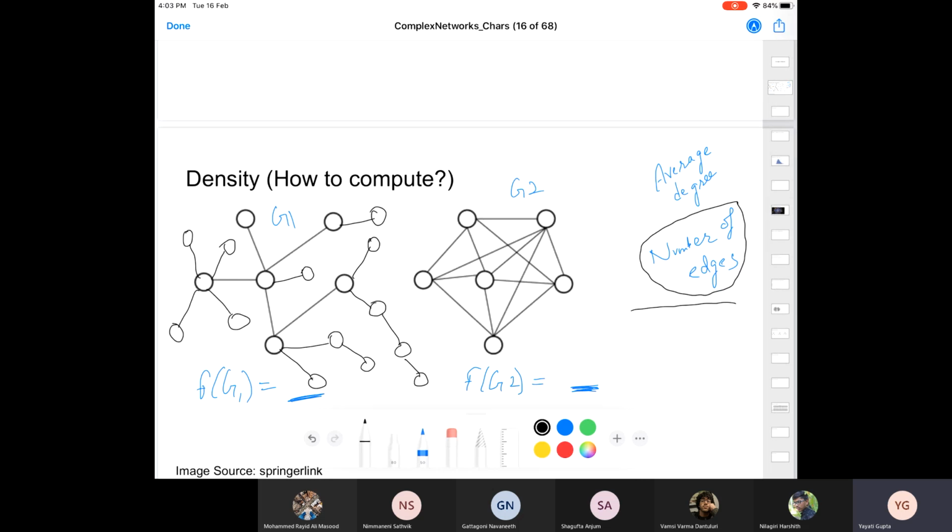So definitely if I'm looking at two graphs, both of which are having 100 vertices, the one which is going to have more number of edges is going to be more denser. So what I'm going to do is I'm going to divide this number of edges in a graph by the total possible number of edges.